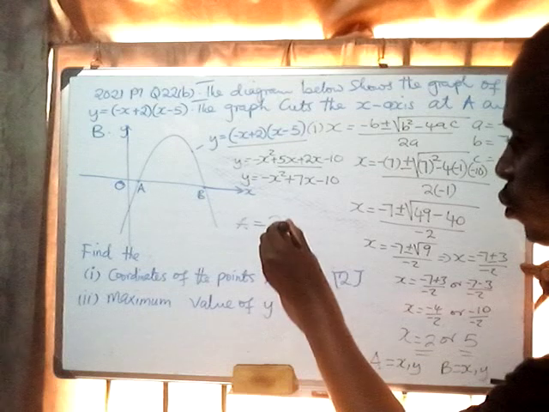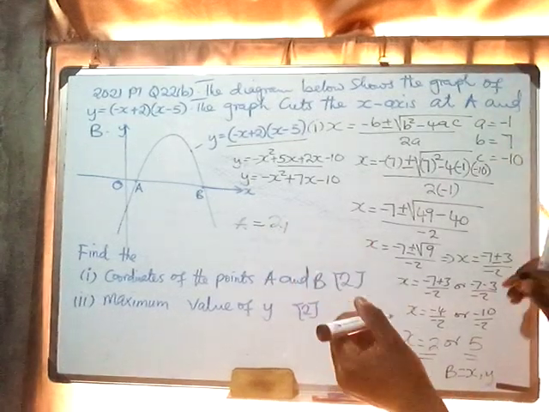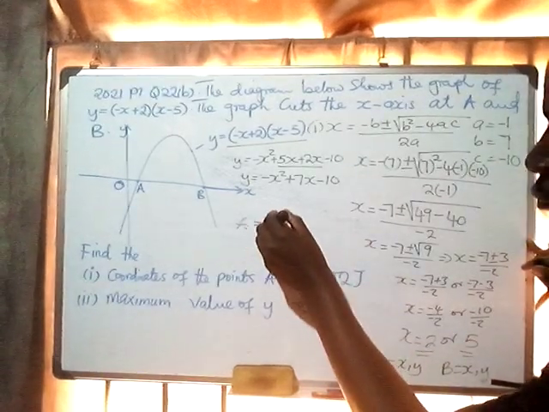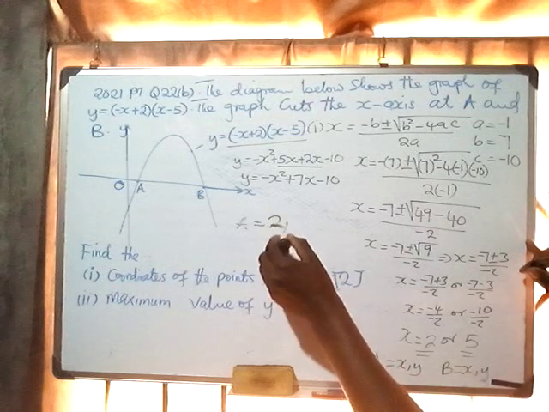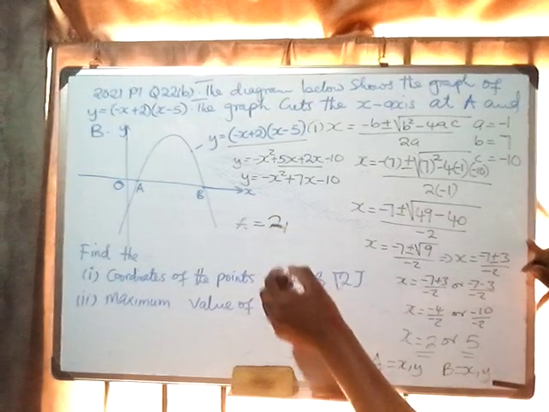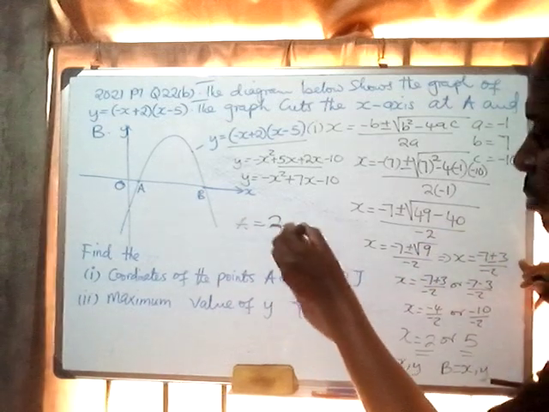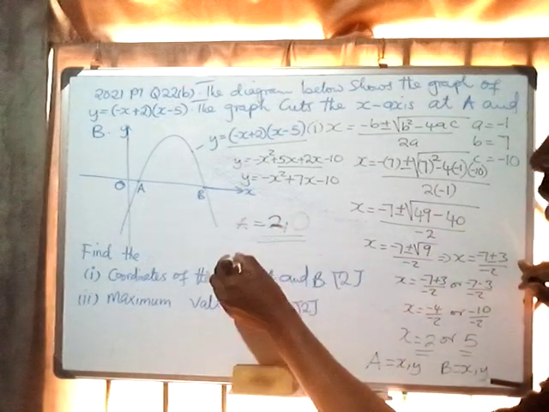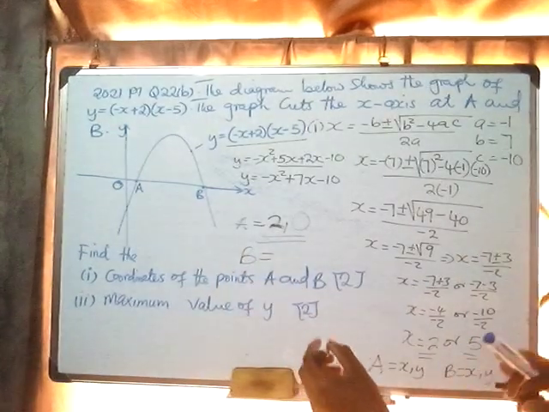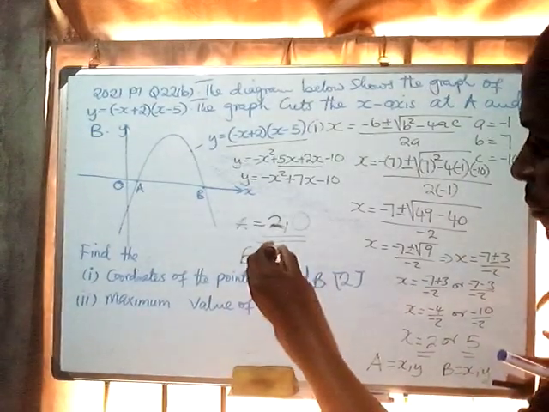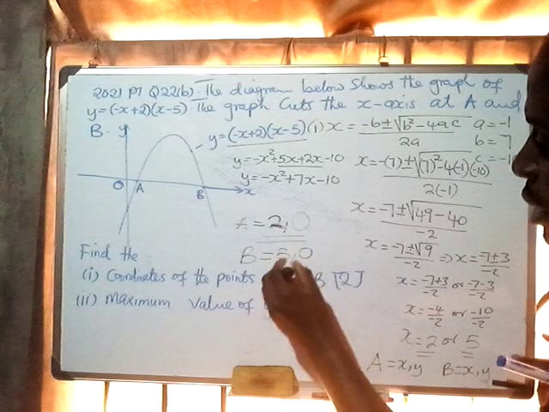So it will be 2 comma, what is the value of B? The value of A will be 2, comma 0. And coming to B, the value of B will be 5, comma 0.